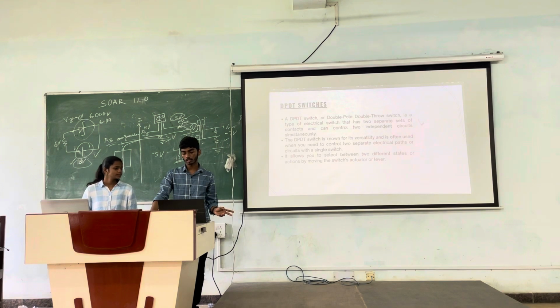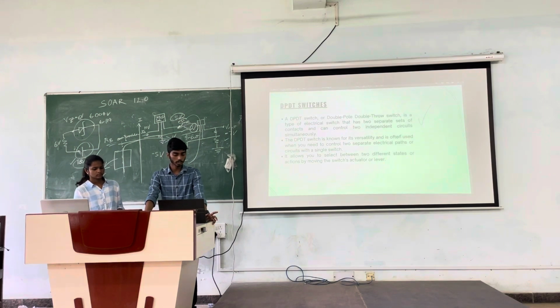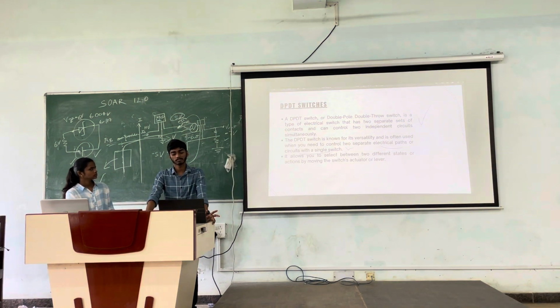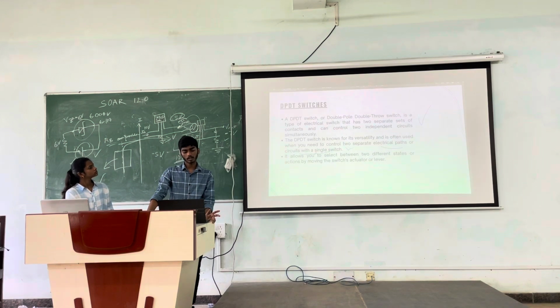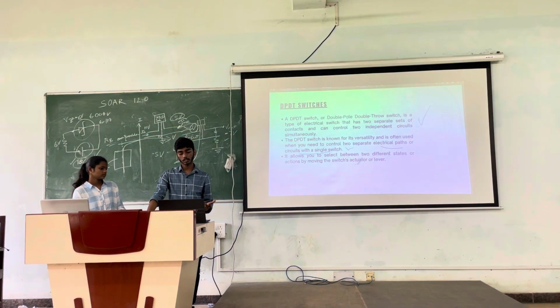We have already discussed this in our previous slide. The DPDT switch is known for its versatility and is often used when you need to control two separate electrical paths or circuits with a single switch. So it allows you to select between two different states or actions by moving the switch actuator or lever.